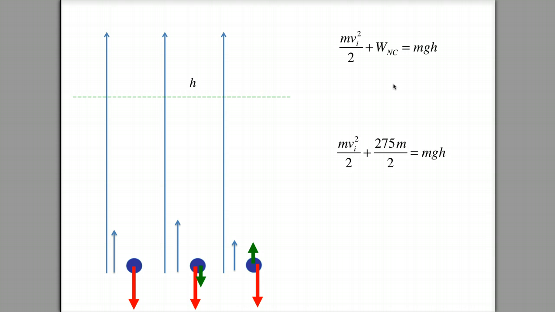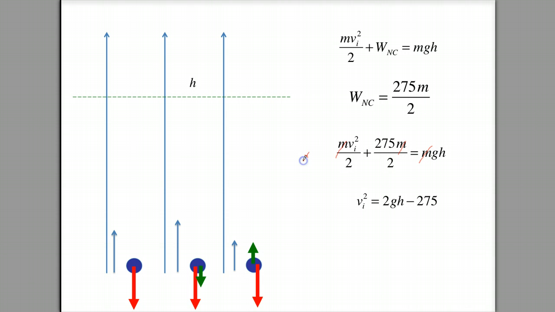So I already found that my work of the non-conservative force from the previous slide is 275 m over 2. Then this 275 m over 2 is my work, equals mgh. So from there I'm canceling m and also multiplying everything by 2.